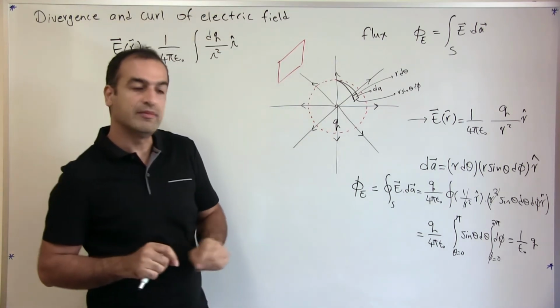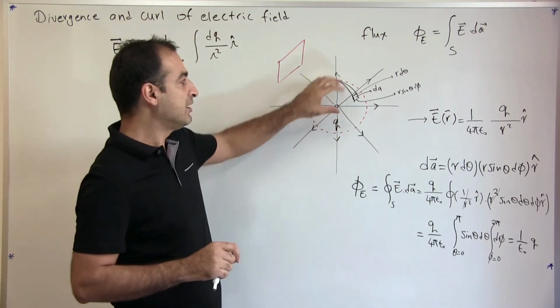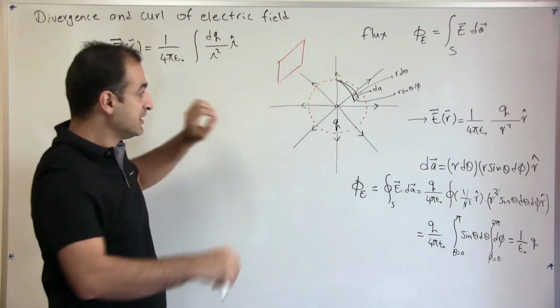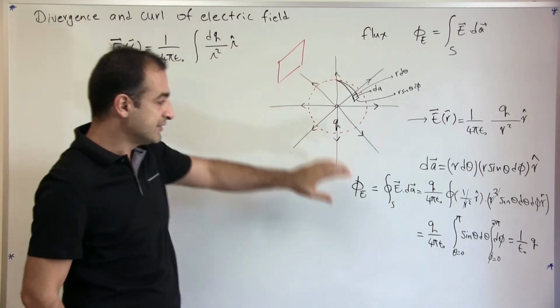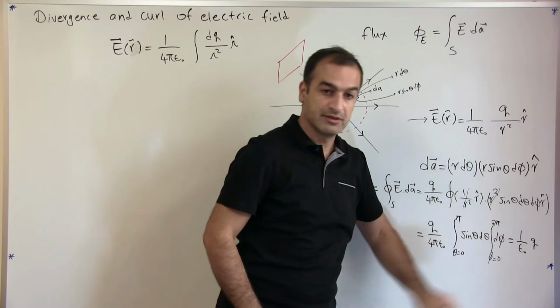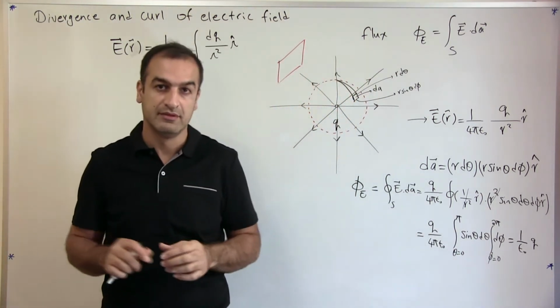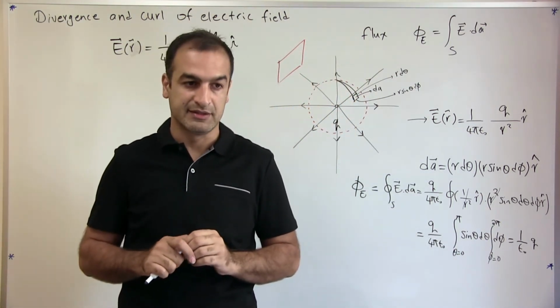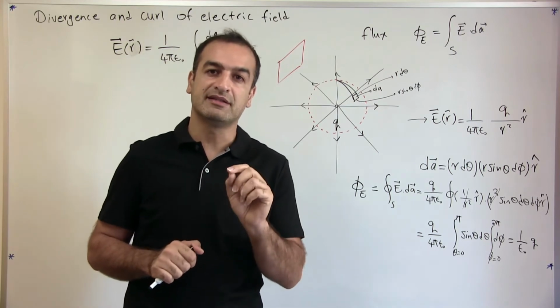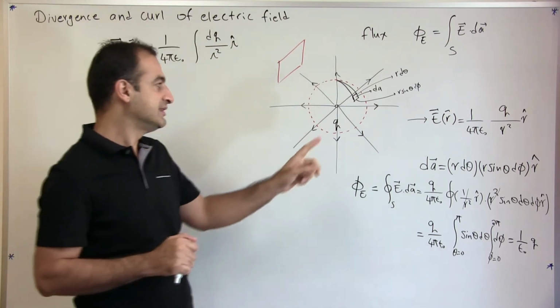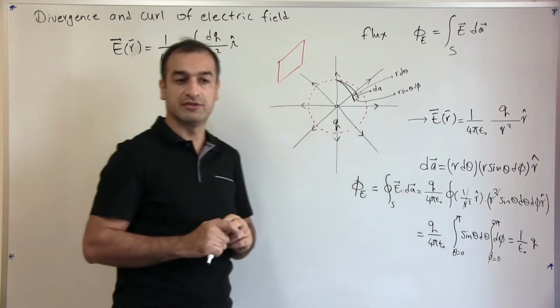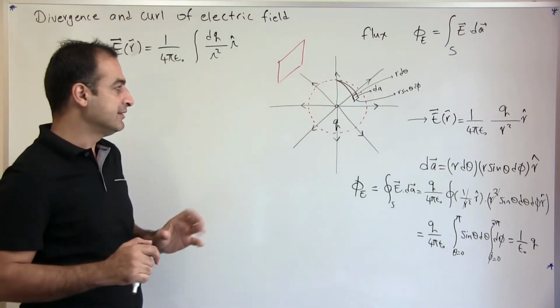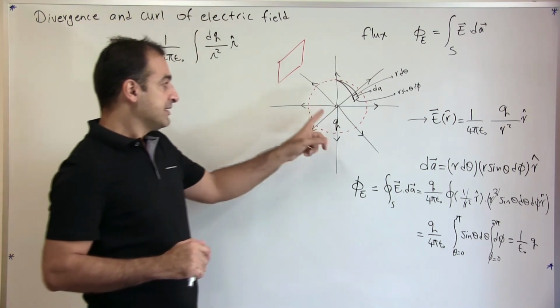No matter how big this sphere is, small or large or super large, the flux that passes through the surface is 1 over epsilon 0 q, independent of the radius. But it depends on the charge sitting in the center, and that's proportional to q.